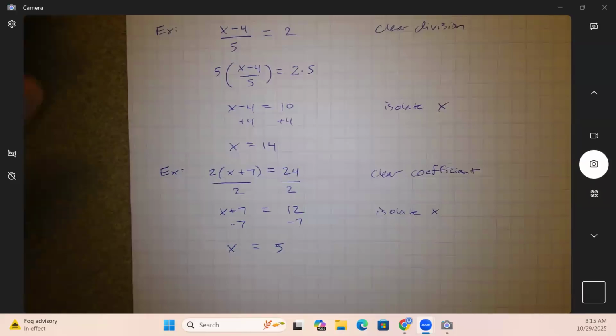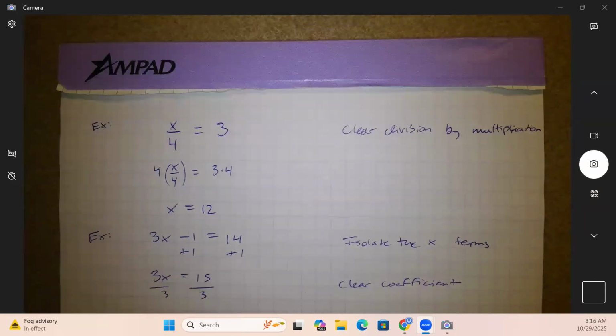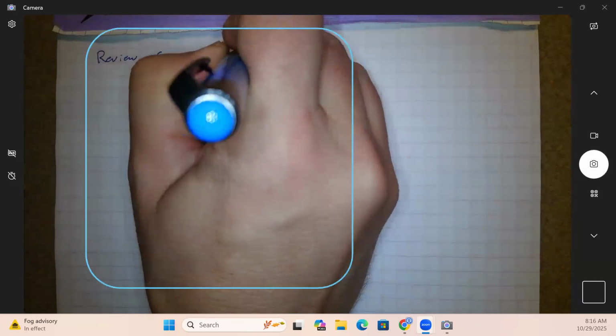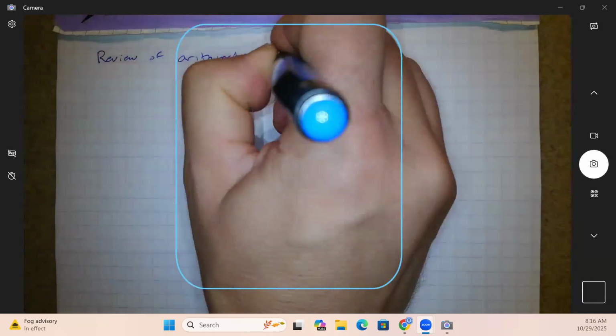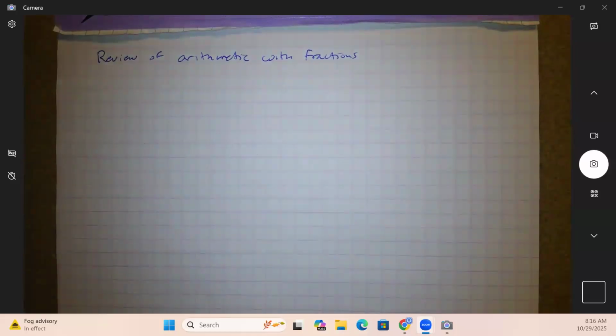Okay. Let's do a quick review of arithmetic with fractions, and then we're going to put these all together. Review of arithmetic with fractions.